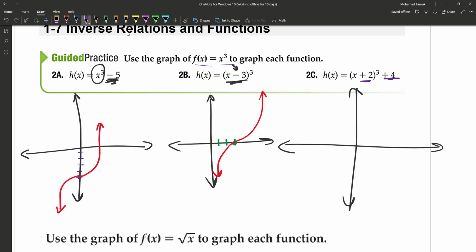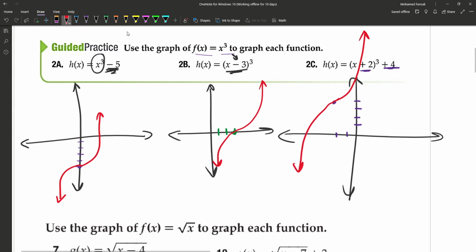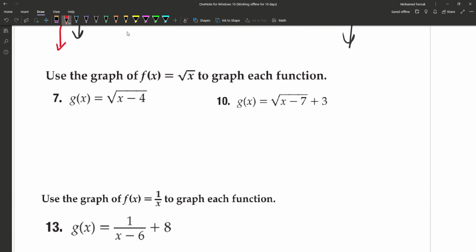So we will go to the left 1, 2, and go up 4 units. 1, 2, 3, 4. Here's the new center of our function. How to draw it? We will just draw it like this. That's it.